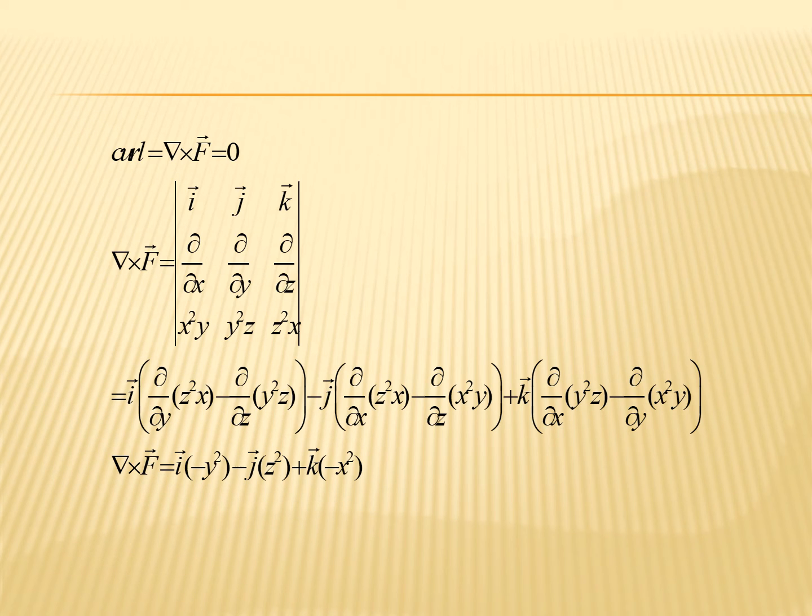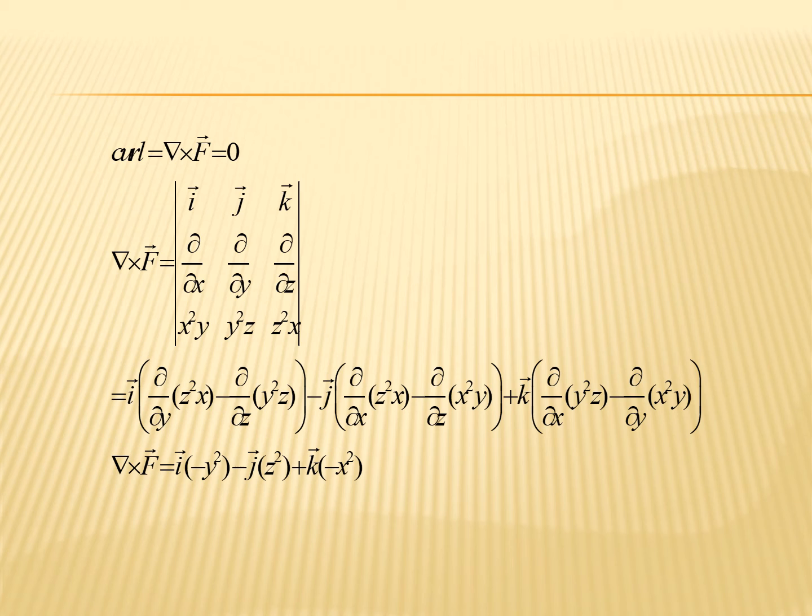So here del cross F vector, I have written the coefficients of your i vector, j vector, k vector in your F vector. Finding the determinant for each: when I am taking the i vector, I am omitting the row and column. I have written ∂/∂y of z²x minus ∂/∂z of y²z.